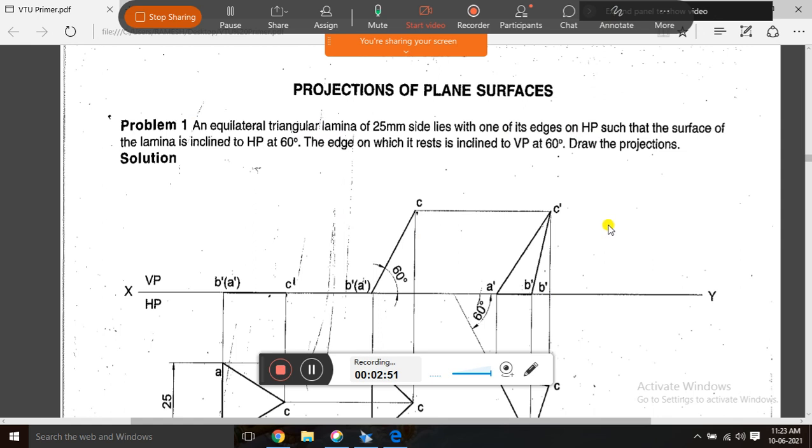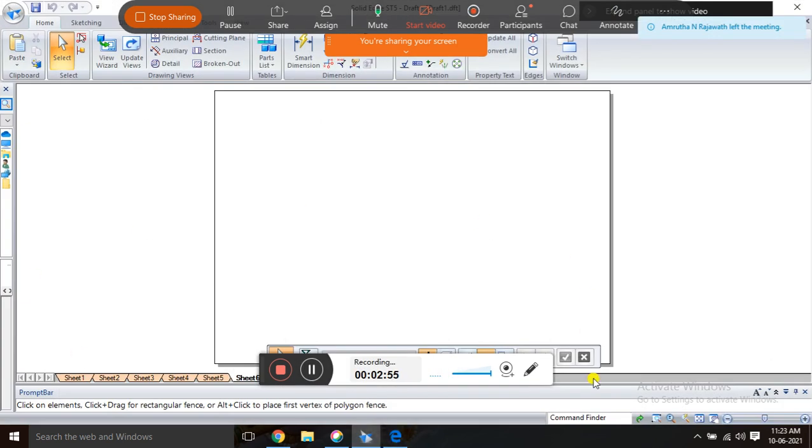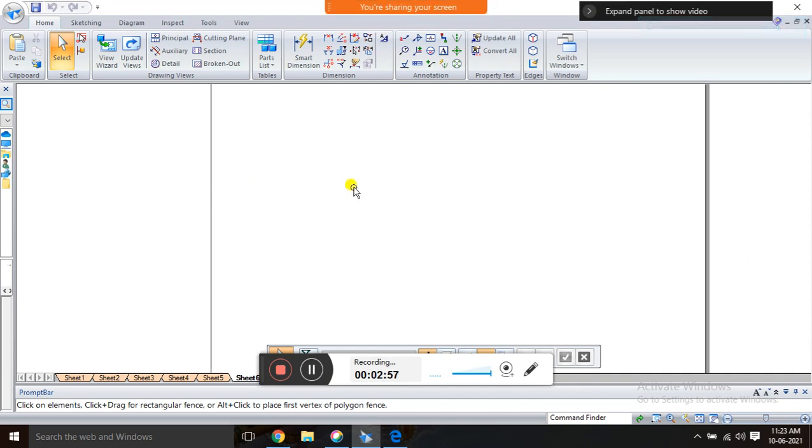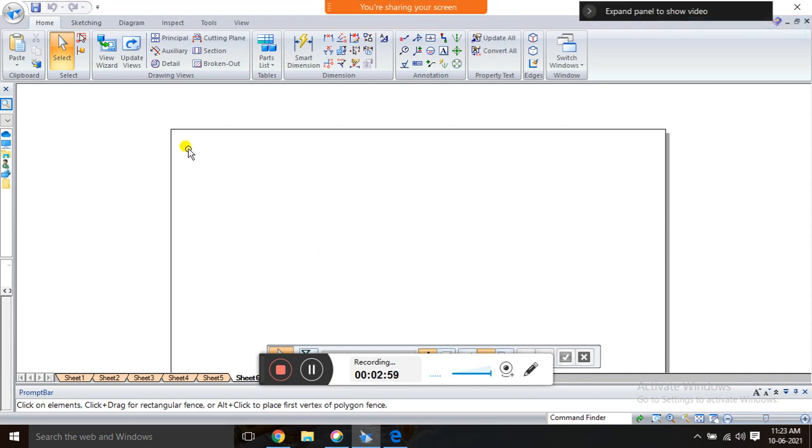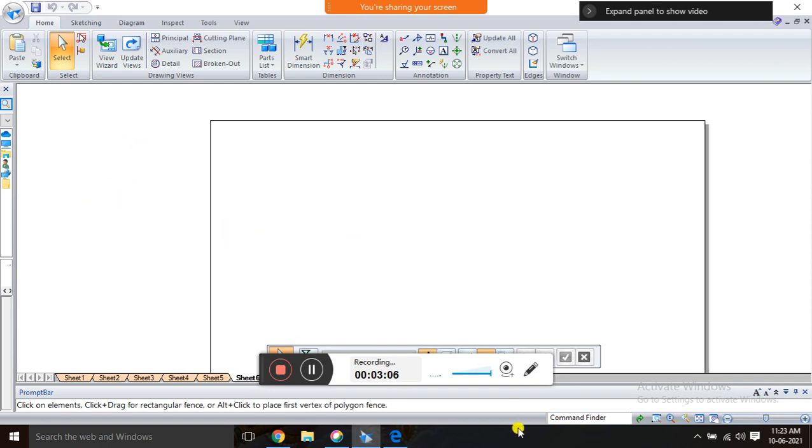Yes, based on this we have to start the problem. So here it's a triangular lamina. First thing, here you have to write some of the points.